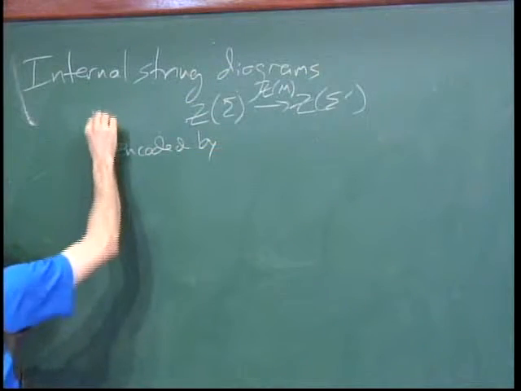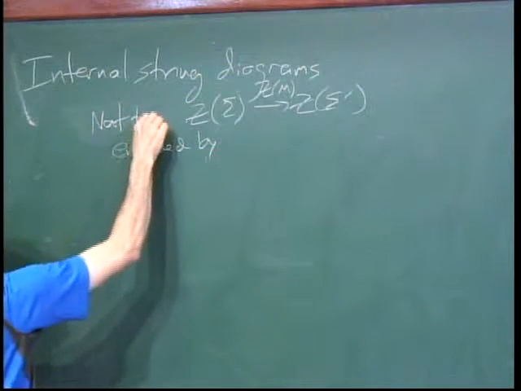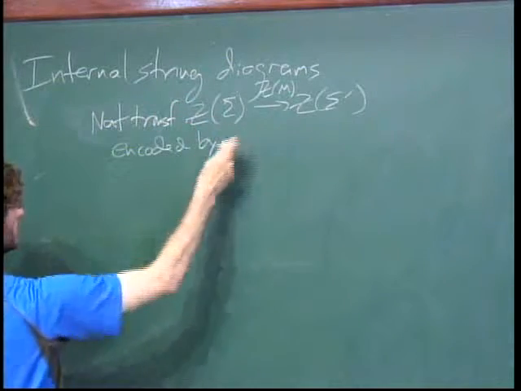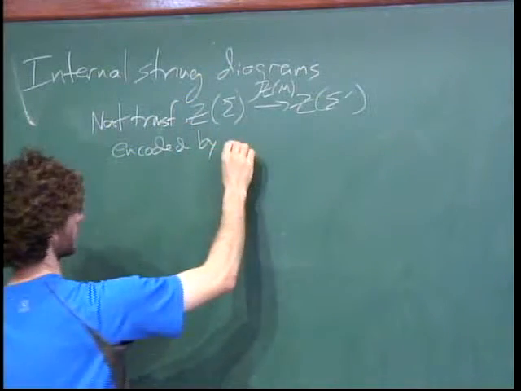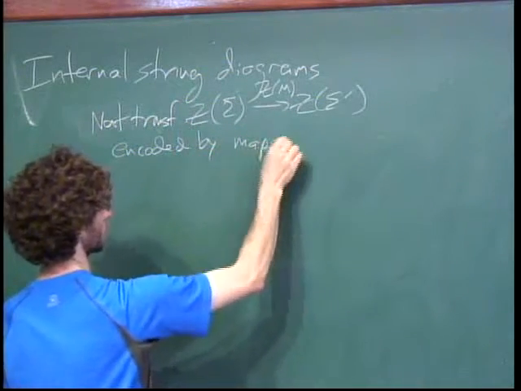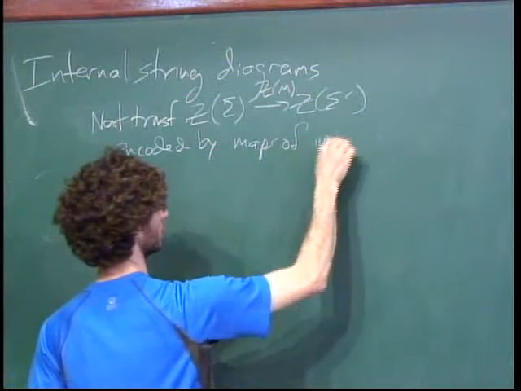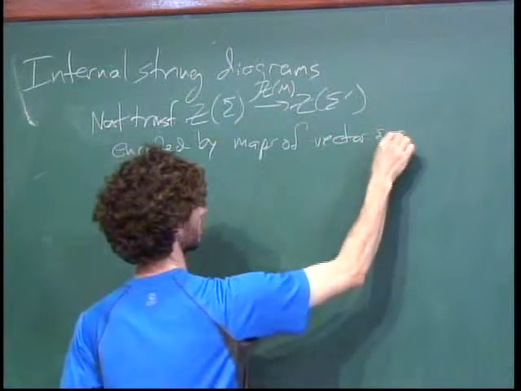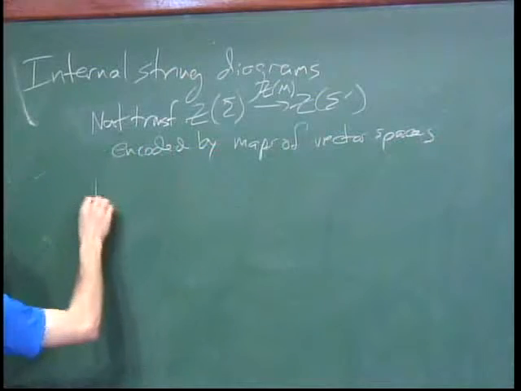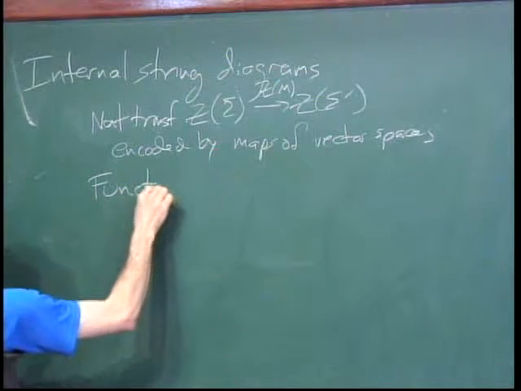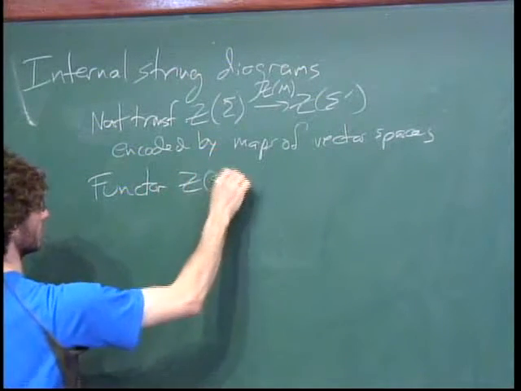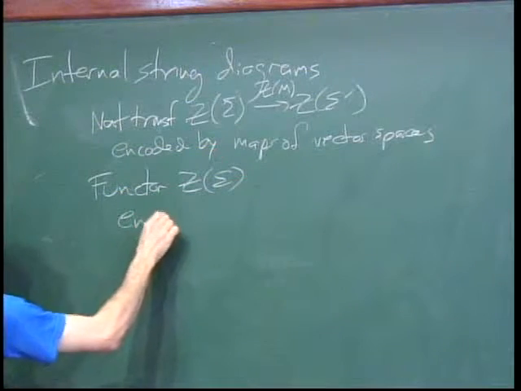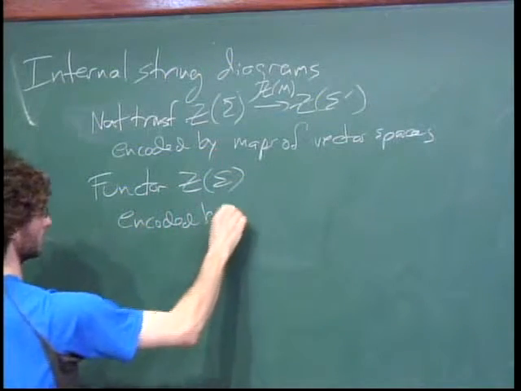That thing would be a natural transformation between two functors, and those are encoded by maps of vector spaces. And what are those vector spaces? Well, the functors on each side are encoded by those vector spaces themselves.